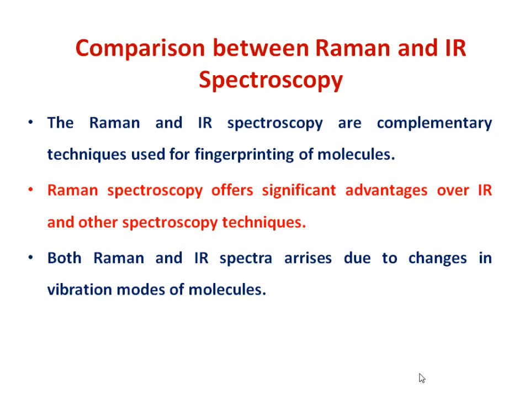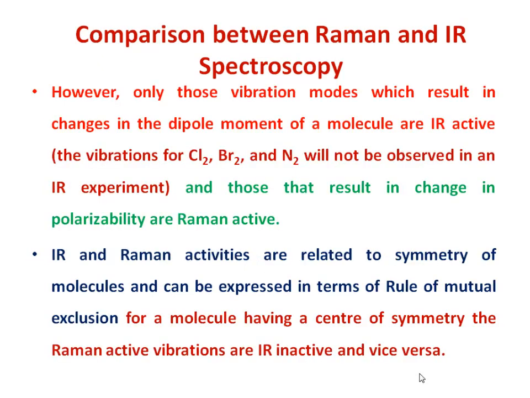Both the Raman and IR spectra arise due to changes in the vibrational modes of the molecules. However, only those vibrational modes which result in changes in the dipole moment of the molecule are IR active, and those that result in a change in polarizability are Raman active.